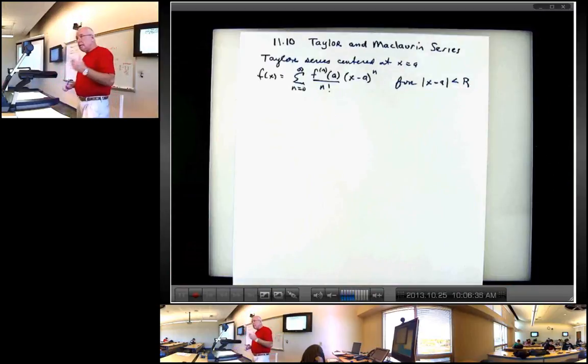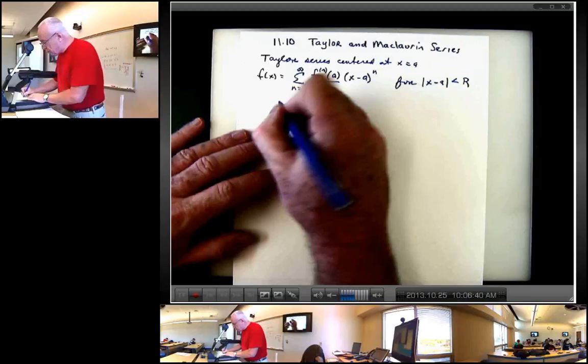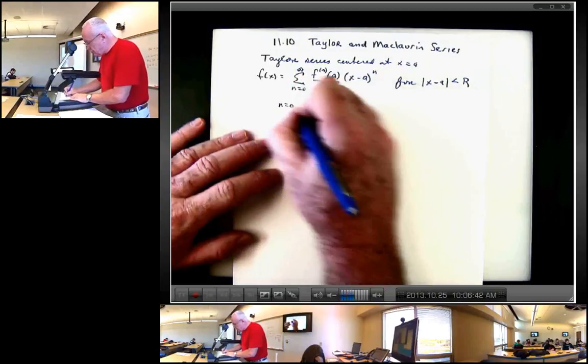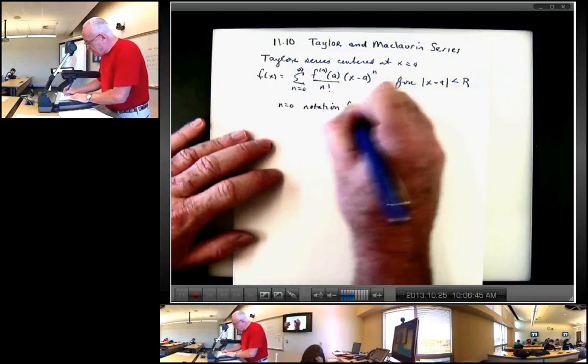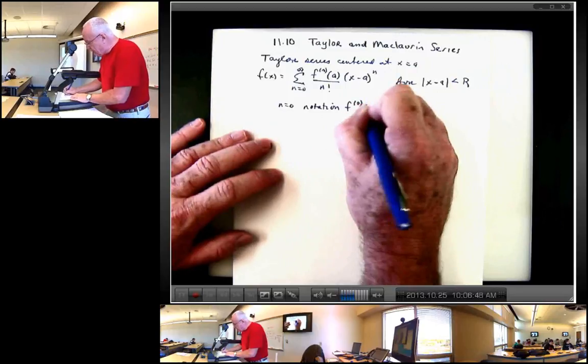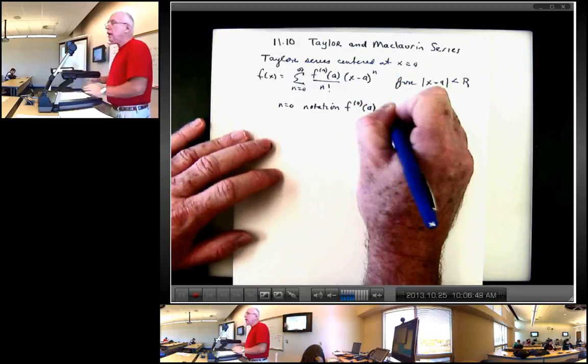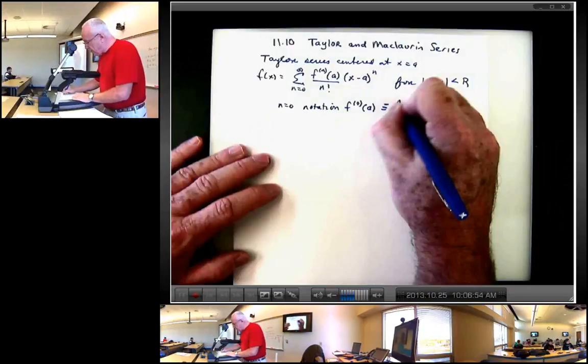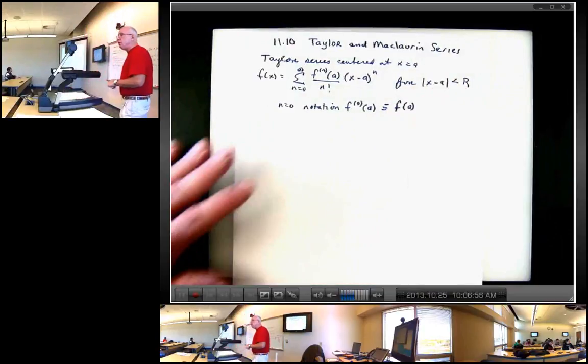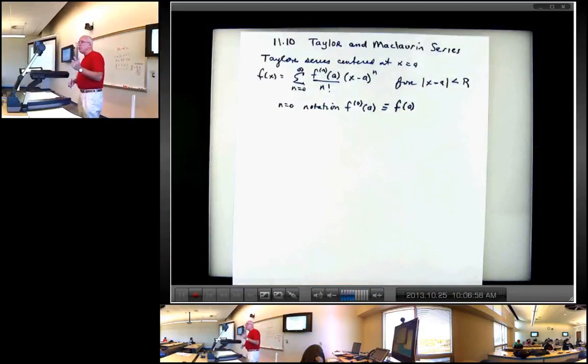Now I do want to tell you that the notation includes, for n equals 0, f zero of a, which is just another way of representing the function f of a. It's just a notational thing. So that very first term is just the function itself.